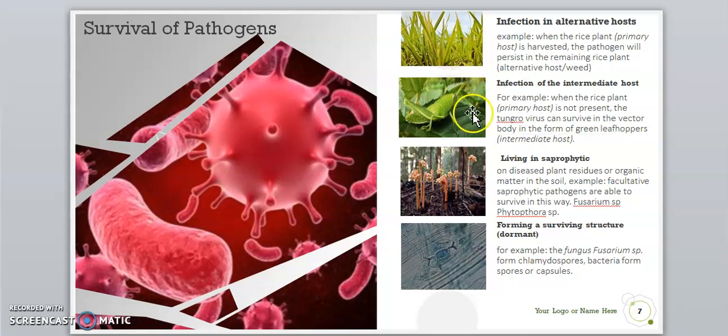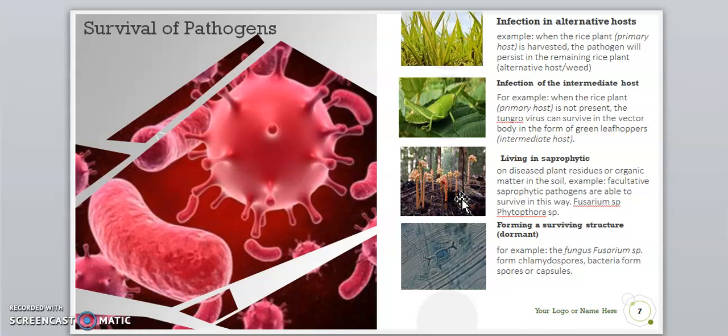Okay, and then the third, the pathogen can live as a saprophytic. They live in organic matter, in the residue of the plant, as a saprophytic pathogen.